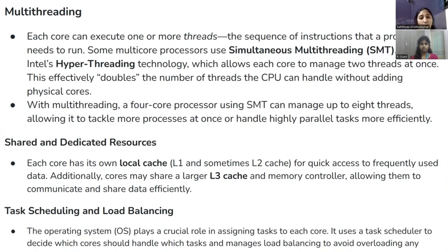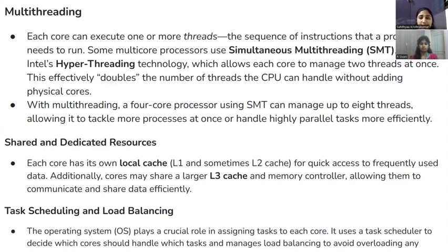For instance, a quad-core processor with simultaneous multi-threading can handle up to 8 threads, enabling it to process more tasks at once, boosting performance in highly parallel tasks. Multi-threading allows each core to keep working on different threads while waiting for resources like data from memory to become available, improving core utilization.